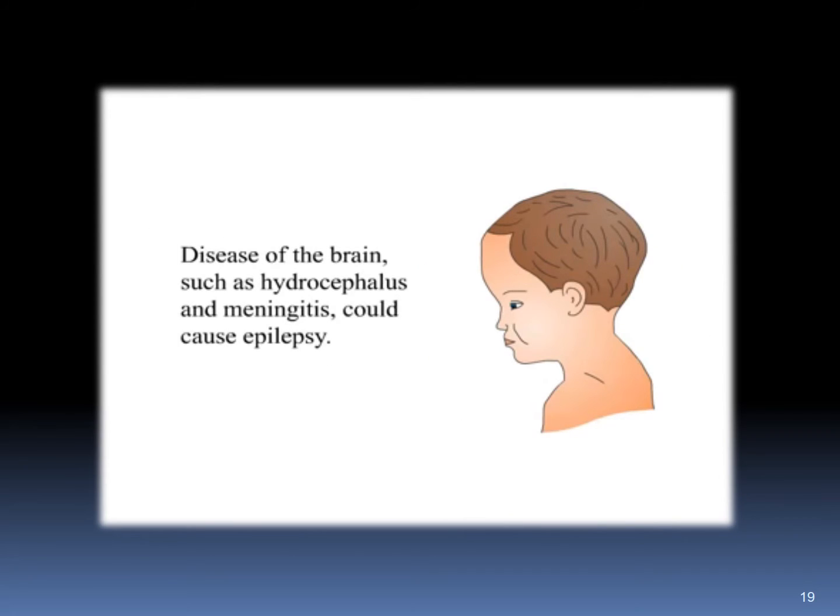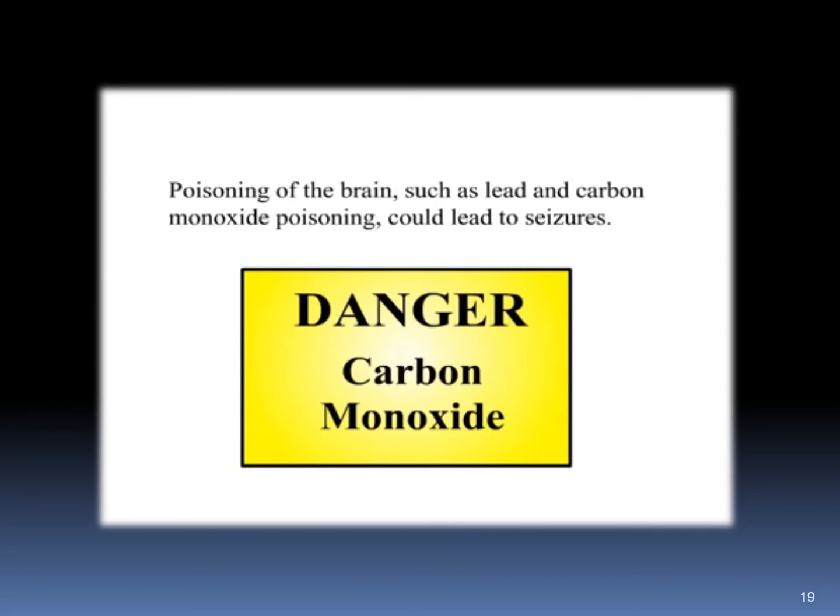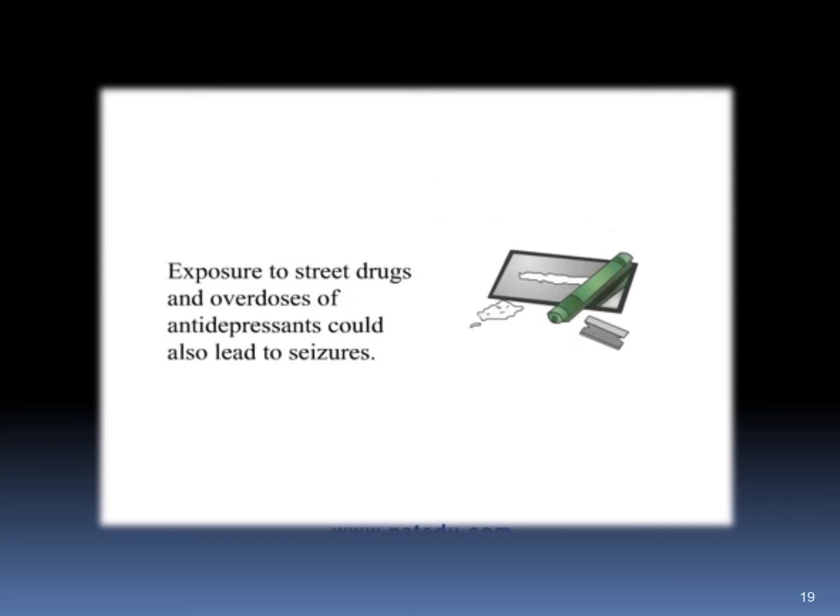Disease of the brain, such as hydrocephalus and meningitis, could cause epilepsy. Poisoning of the brain, such as lead and carbon monoxide poisoning, could lead to seizures. Exposure to street drugs and overdoses of antidepressants could also lead to seizures.